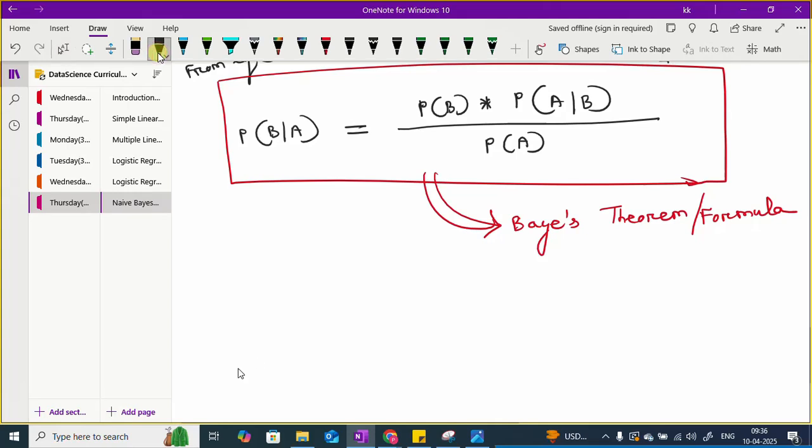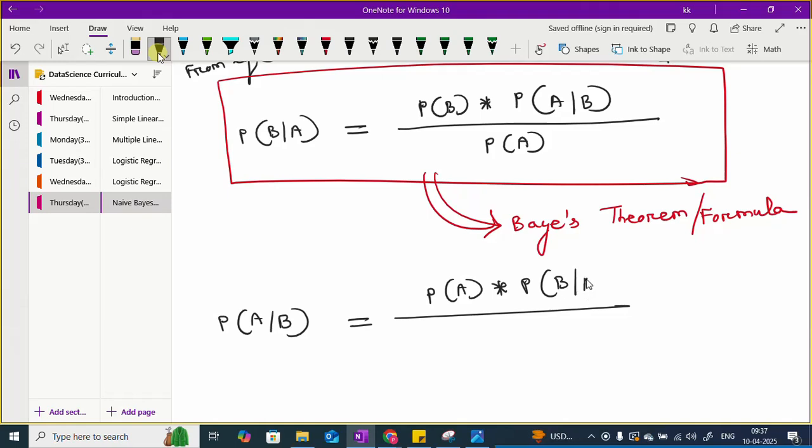Someone will tell, sir, can I write or is this wrong? Obviously correct. A given B, this part is equal to, this will multiply here. Can I write probability of A into probability of B given A divided by probability of B? Can I write same or not, guys?